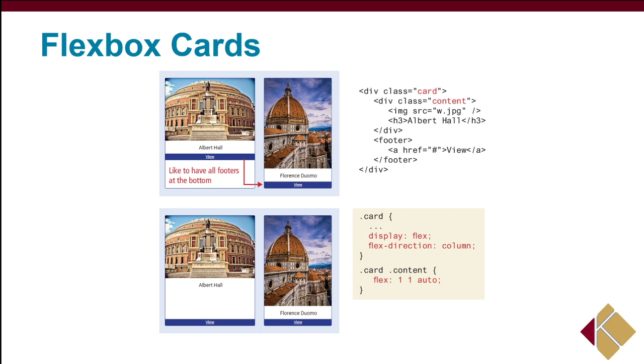So the way that it works is basically they're little tiny divs within them, and you don't have to build them this way. You don't have to have a footer in them. You don't have to have an H3 in them. But basically they're creating that parent div of card as a container.